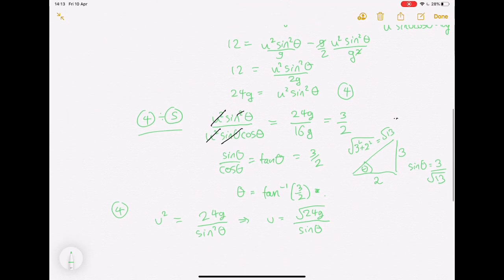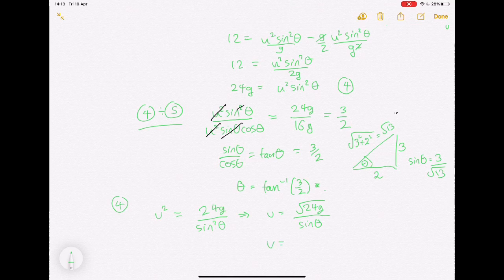Putting that in here, we get u equals root 24g over 3 over root 13. Then multiplying through by root 13 on top and bottom, we get that u is equal to root 24g times root 13, all over 3, which is approximately 18.4 meters per second.